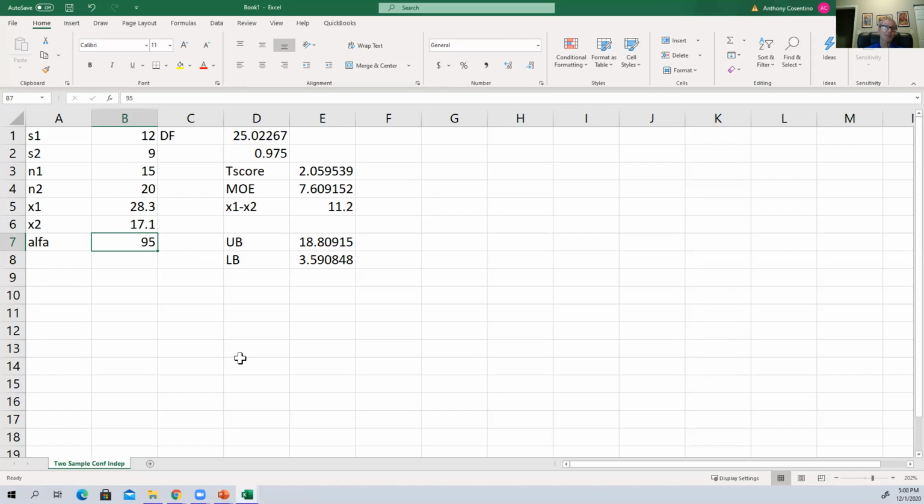If it was 99%, you plug in 95 because you need that to calculate the t-score. And so with that, this is used to calculate the t-score. Here's our degrees of freedom with that crazy equation. And then here's our MOE, margin of error. Here's our X1 minus X2. And here we have the upper bound and lower bound.